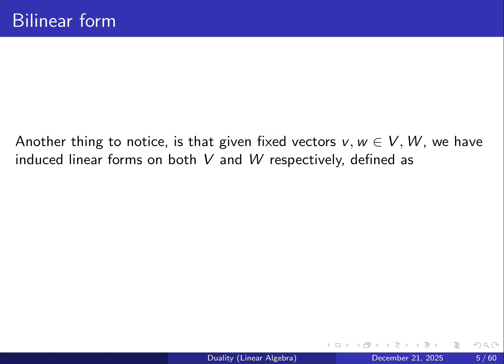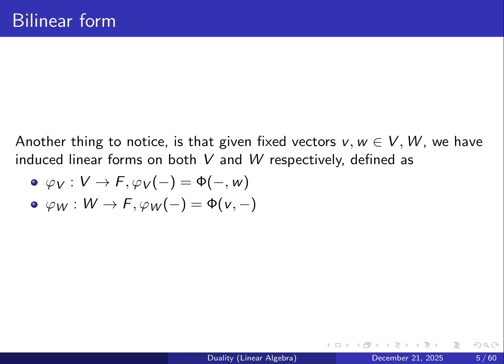Another thing to notice is that given fixed vectors v and w from V and W respectively, we have induced linear forms on both vector spaces defined as phi sub v, which is just fixing the first argument as v and treating it as a linear form, and phi sub w, which is just fixing the second argument as w and treating it as a linear form.